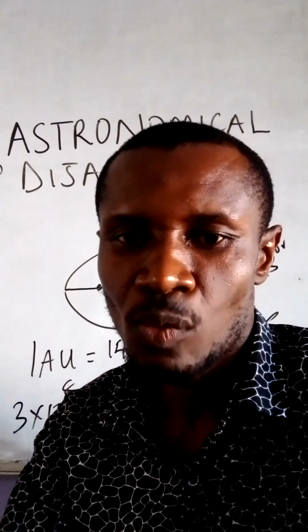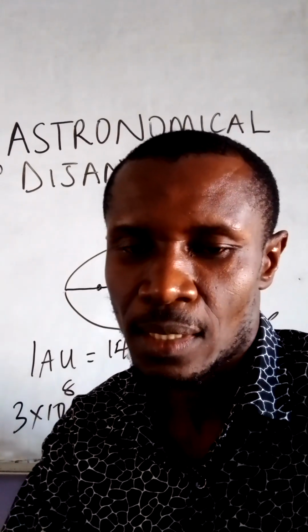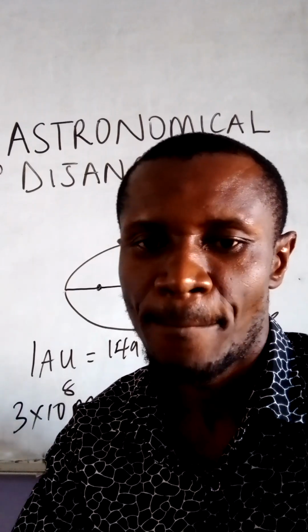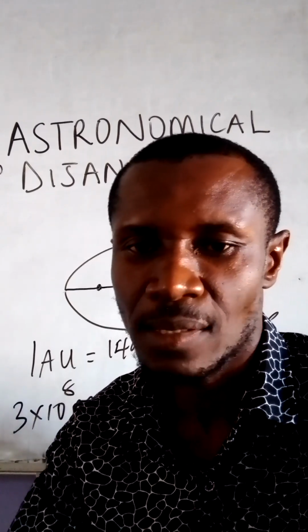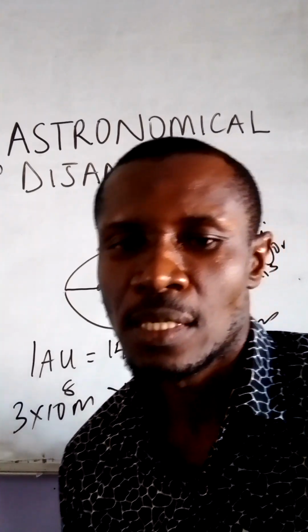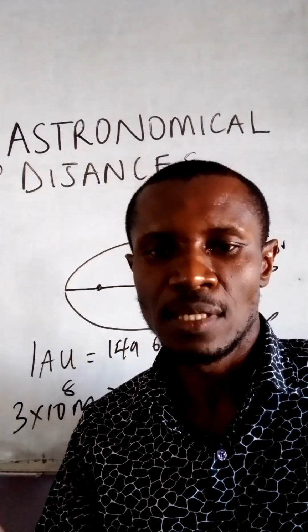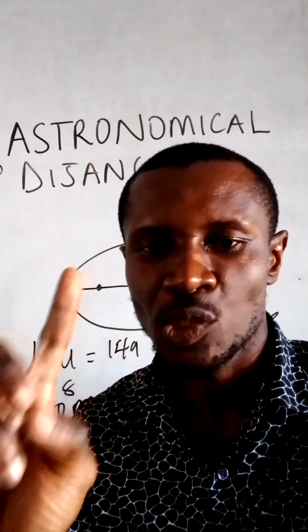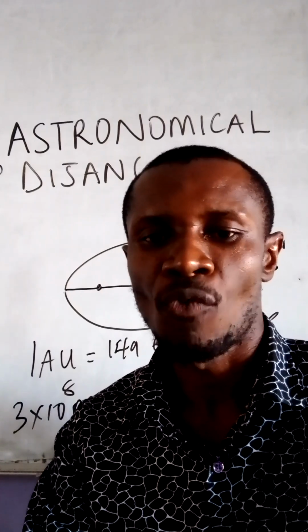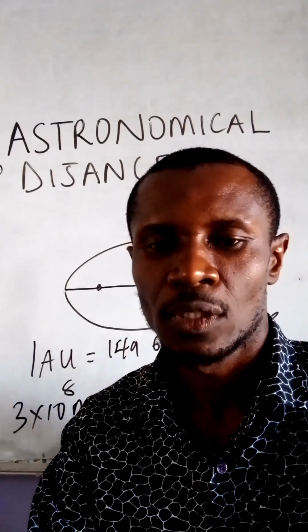Now the last one is what we call the parsec. Parsec is a portmanteau word for parallax of an arc second. And this is defined as the distance at which 1 astronomical unit subtends an angle of 1 arc second.